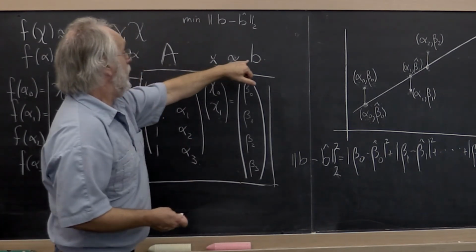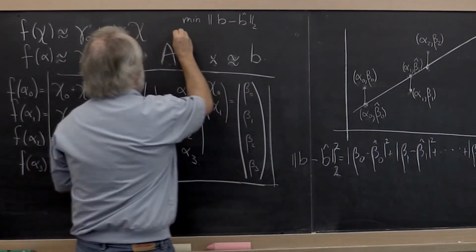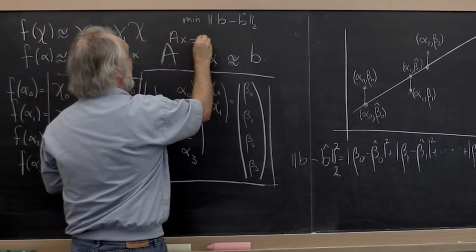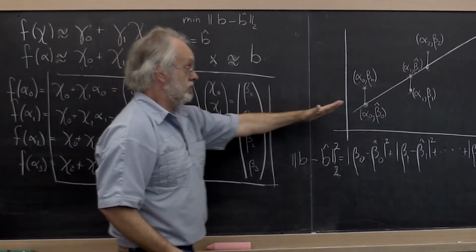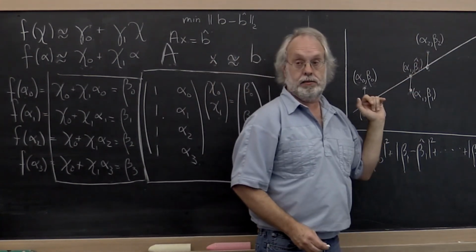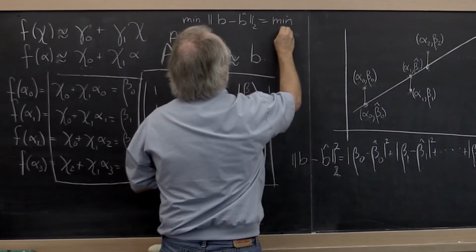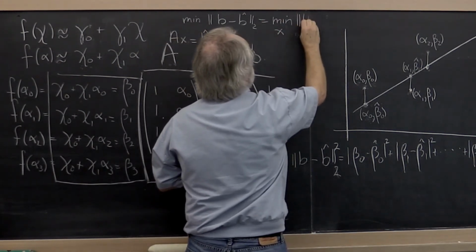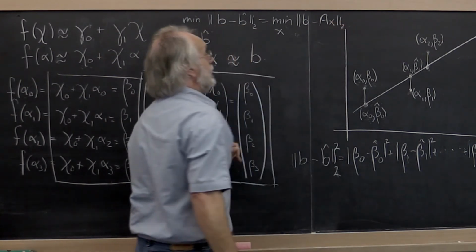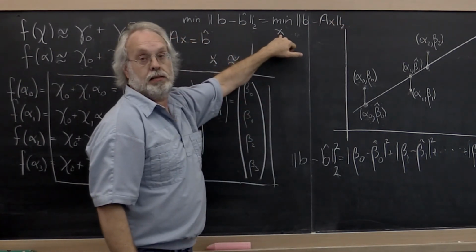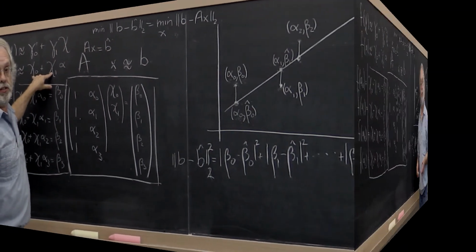If we then say that in this particular case, A times x is actually equal to b hat, because these points are actually on the line, then what you're really doing is minimizing over all x, b minus A times x in 2 norm. And you're trying to find the x that actually minimizes that because you're interested in these coefficients.